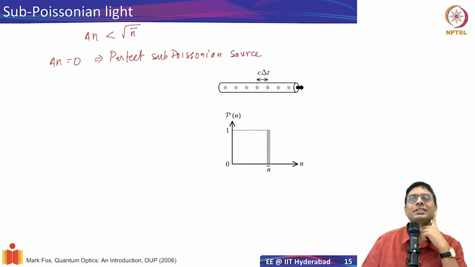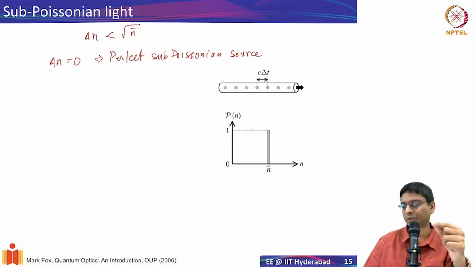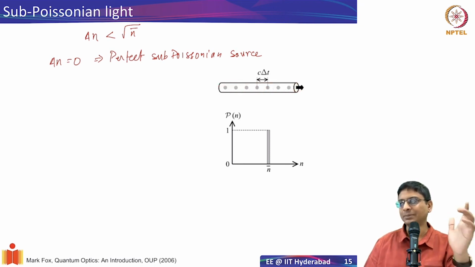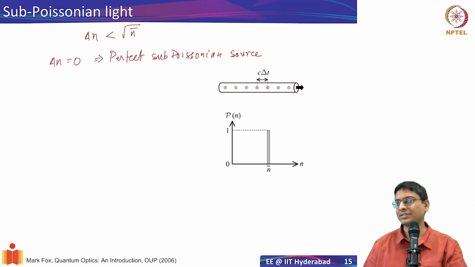Delta n is, so if you think of a stream of photons, like in this case, he's showing you a beam segment of some length, the distribution of photons is perfect. That means each photon occurs at the perfect precise time. There is no fluctuation.